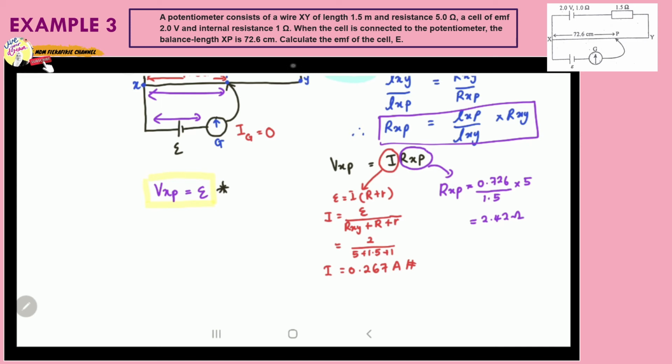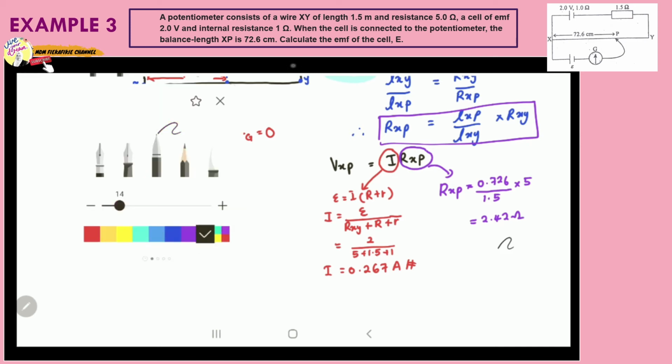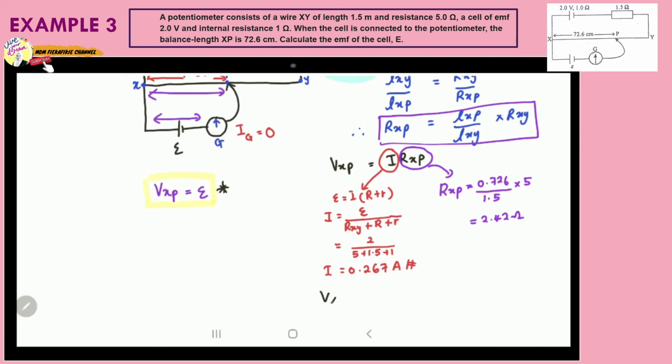Finally, we can calculate the value of Vxp, which is equal to I Rxp, 0.267 times 2.42, and it's equal to 0.645 volt.